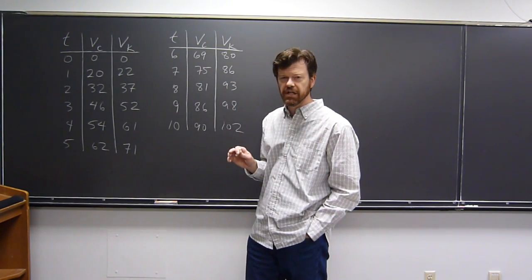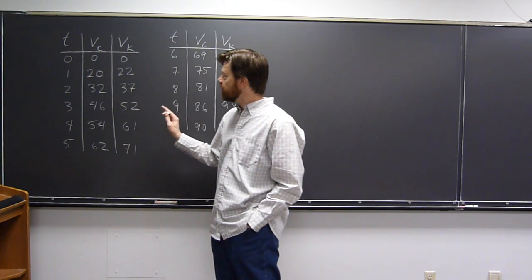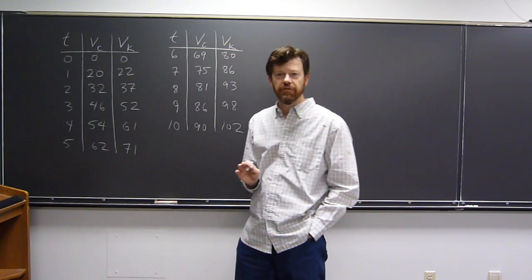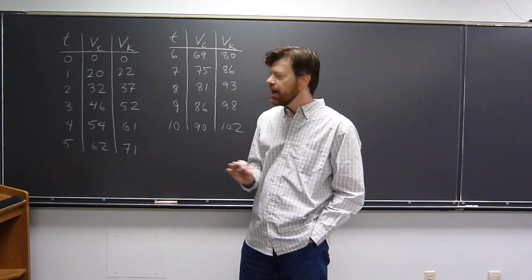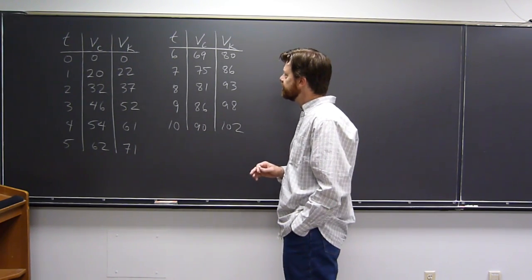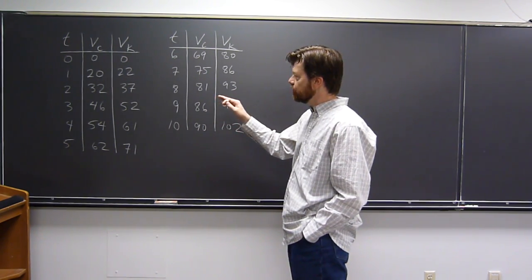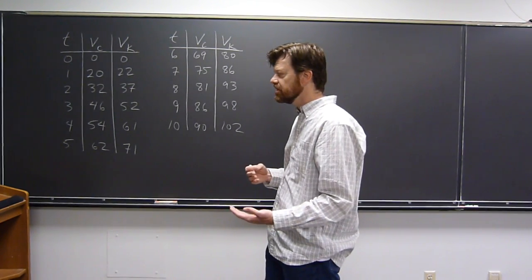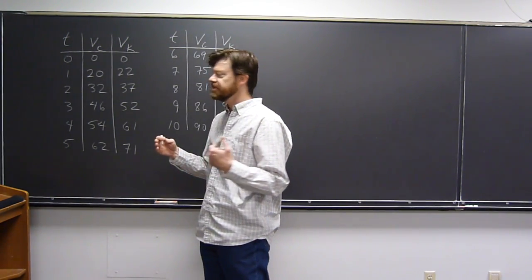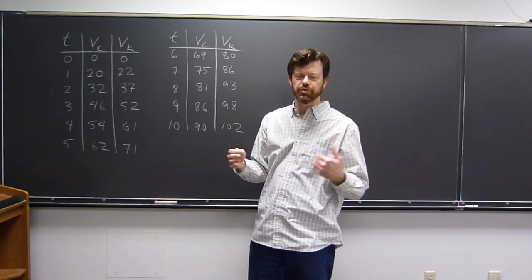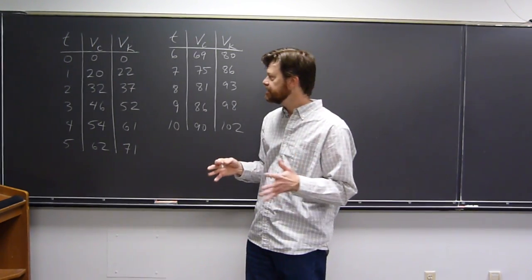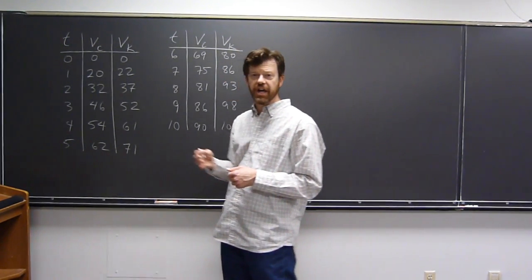But the question is, how far is Kelly ahead of Chris after 10 seconds? We restate that question: how much more distance does Kelly travel than Chris in 10 seconds? That will tell us how far ahead he is.